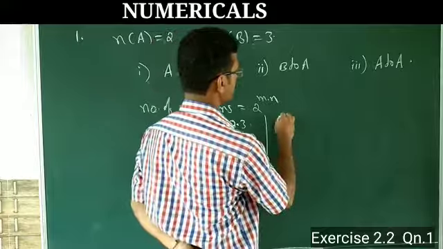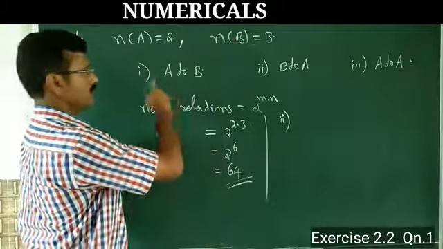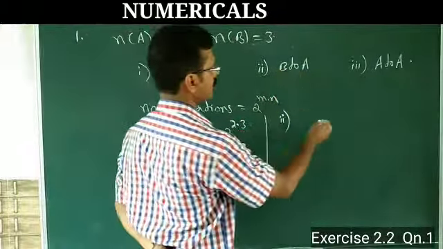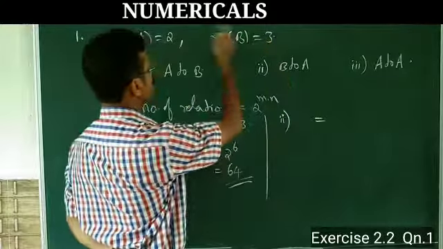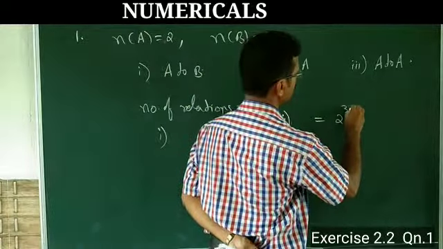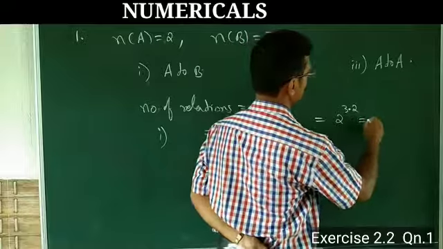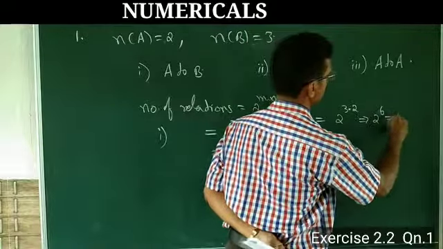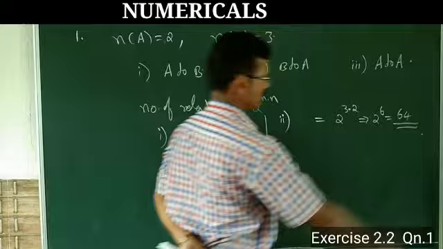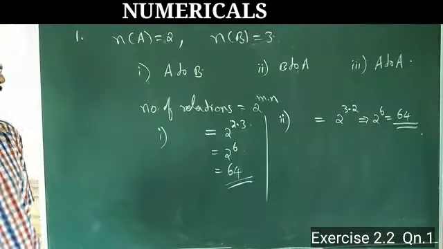Now when it comes to the second part, B to A, the number of relations from B to A is 2 to the power 3 into 2. This is again 2 to the power 6, that is equal to 64. That is the second part.